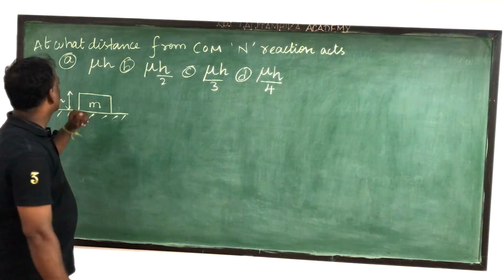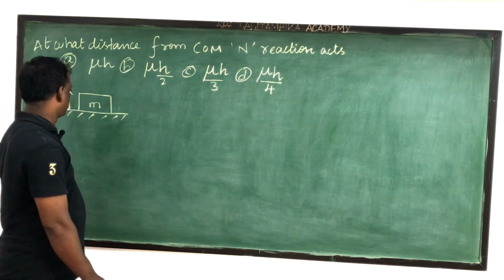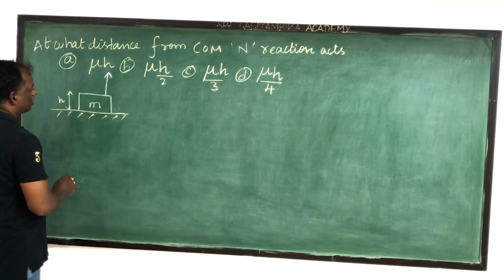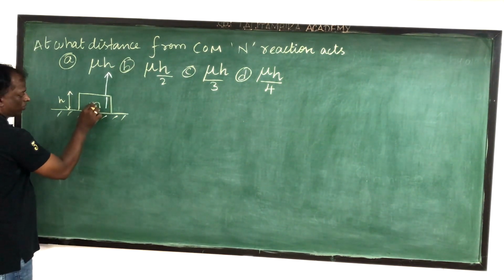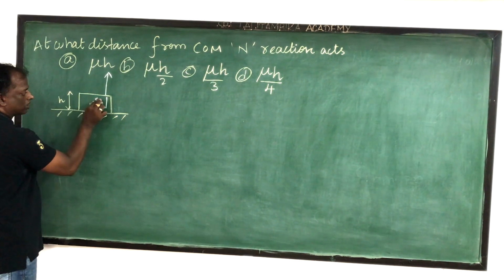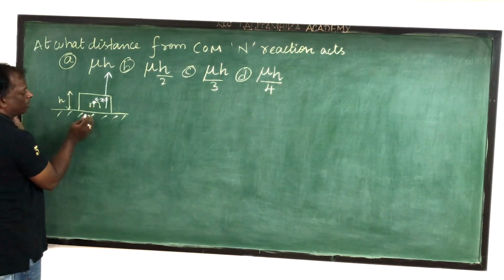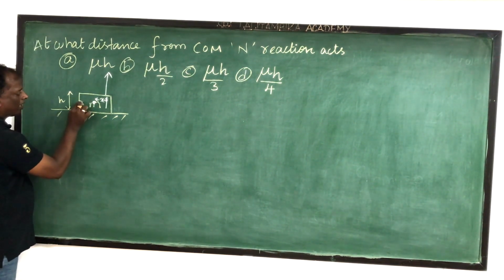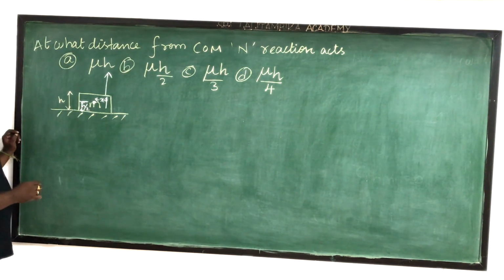So what is being asked here is, at what distance from the center of mass is the normal reaction acting? The normal reaction acts here, away from this point. If this is the center, then the distance will be x. The normal reaction cannot act directly in line, so it acts displaced. So half the distance will be h by 2.